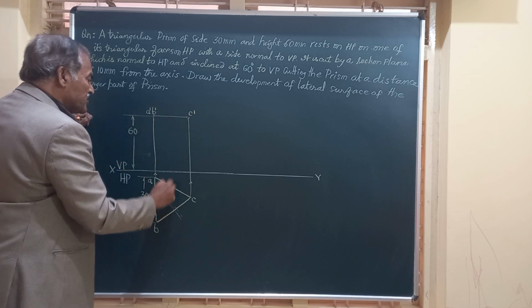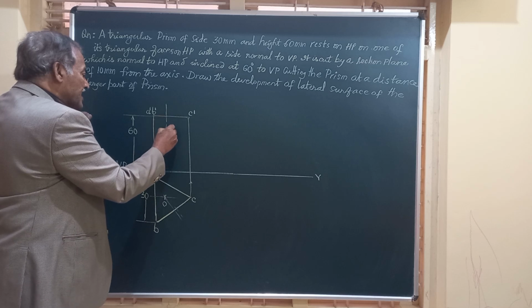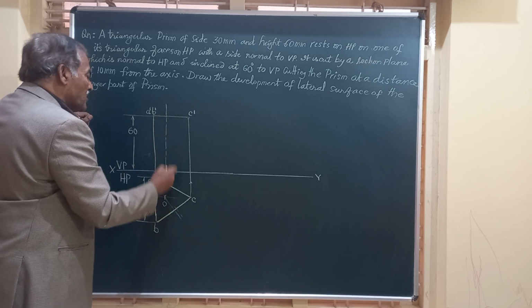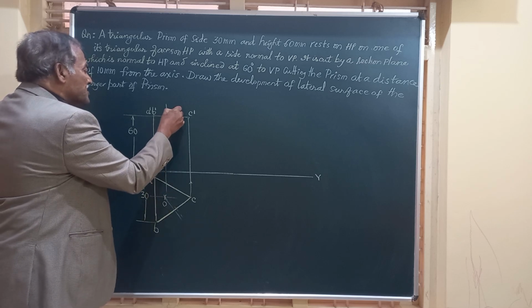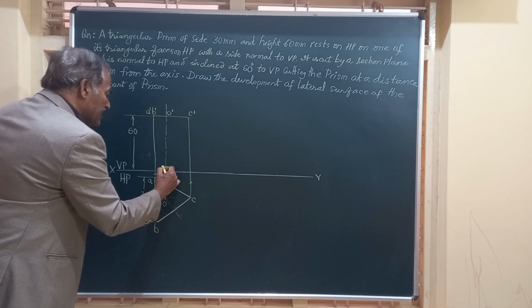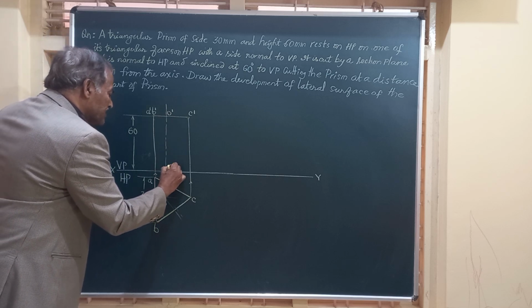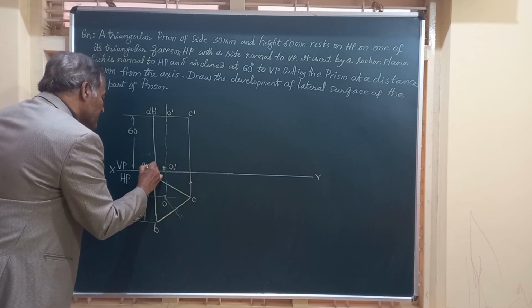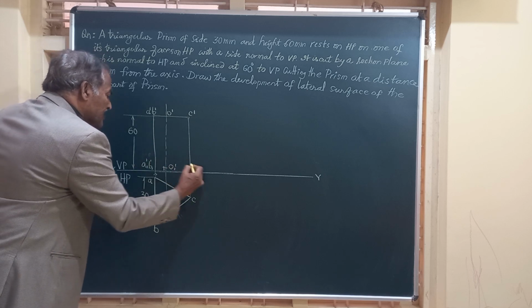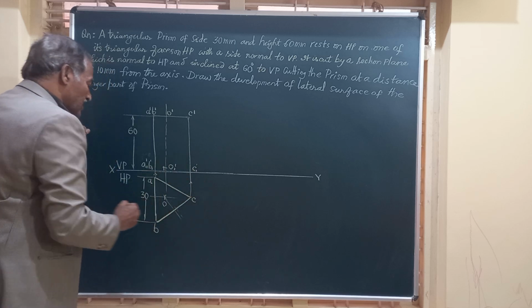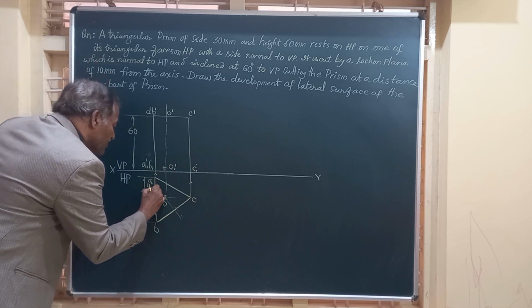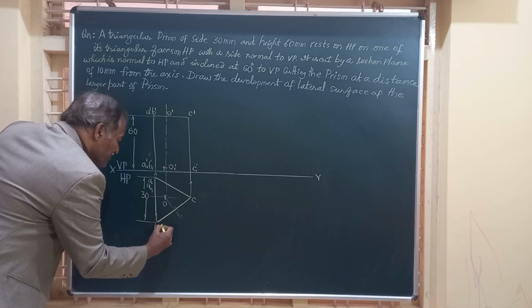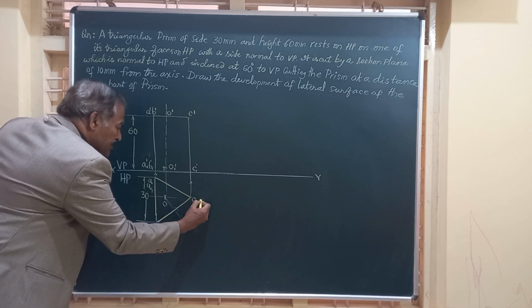The axis O is here, so you can just draw a line like this, the axis, and here you can mark O dash, the center of the top face, and here O1 dash, the center of the bottom face. This is A1 dash, B1 dash, and this is C1 dash, and double marking is to be done for all the edges AA1, BB1, CC1.